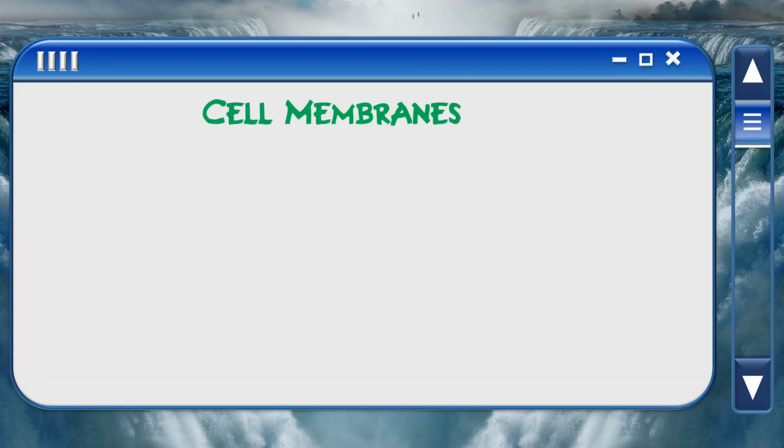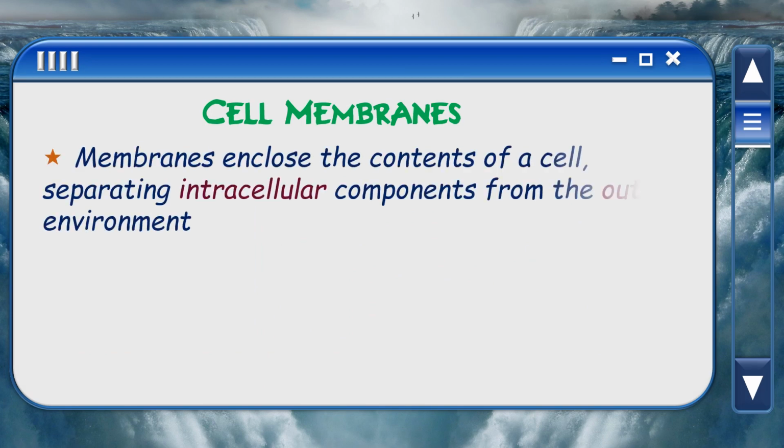Let's start with the cell membranes. Cell membranes enclose the contents of a cell, separating the intracellular components from the outside environment.